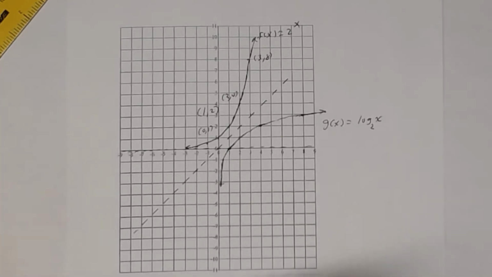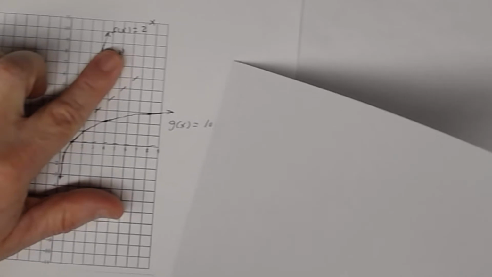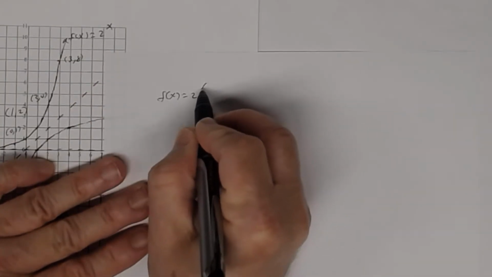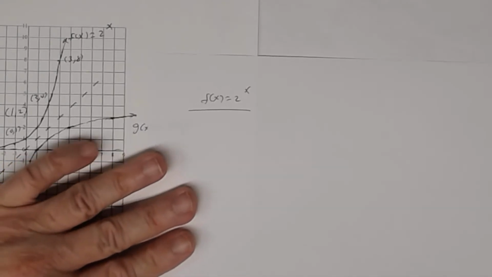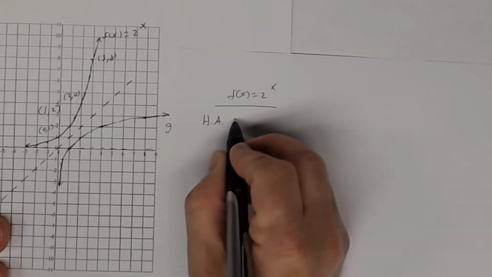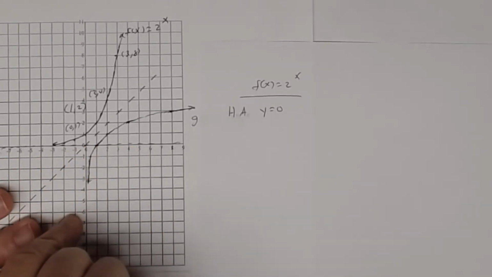All right, a couple of things I want to remind you about these two functions. So let's talk about y equals 2 to the x. So f of x equals 2 to the x. We know that the horizontal asymptote is y equals 0, the x-axis.